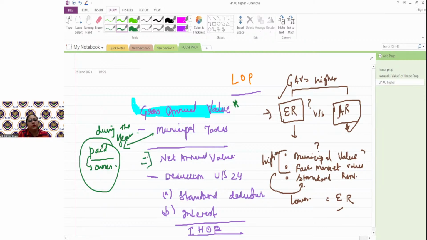And then we will come to the concept of net annual value. Any doubt till here?